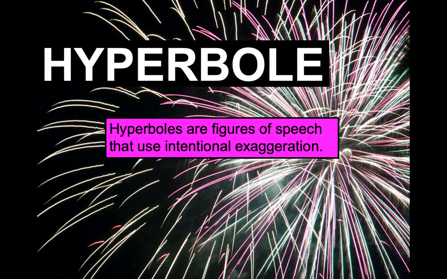That's an example of a hyperbole because literally your mom's not going to kill you. You came to school the next day, so you're all good. But you're trying to get the point across that you would be in big trouble. Instead of literally saying, I would get in trouble with my mom, you're using a hyperbole to say, my mom would kill me.